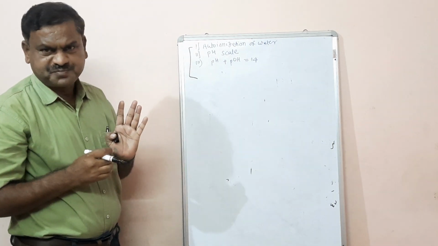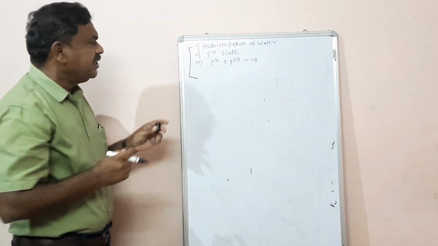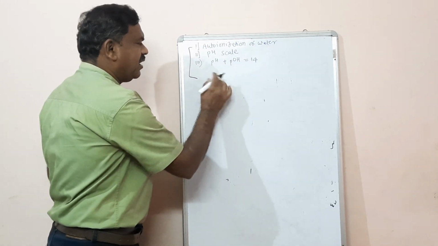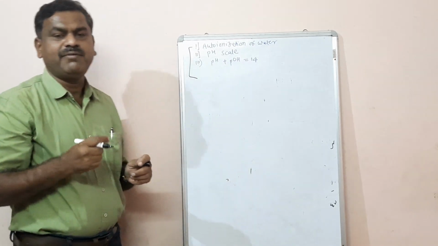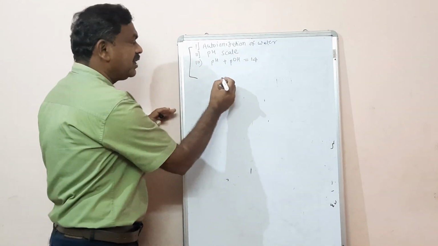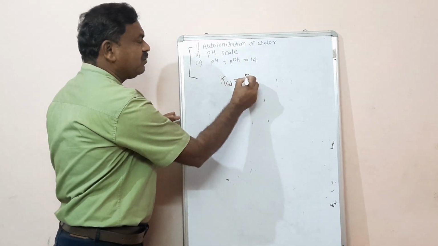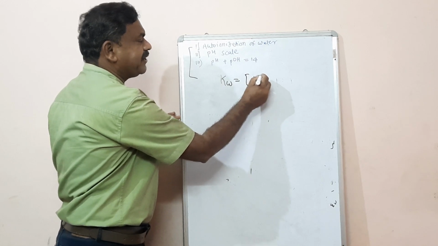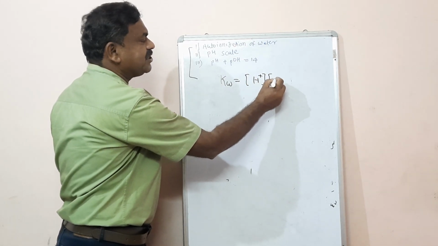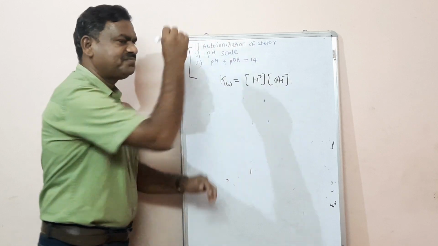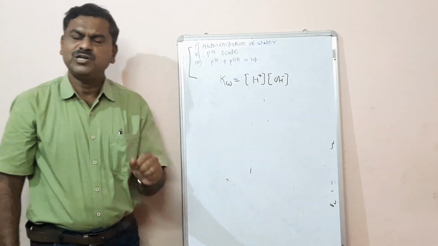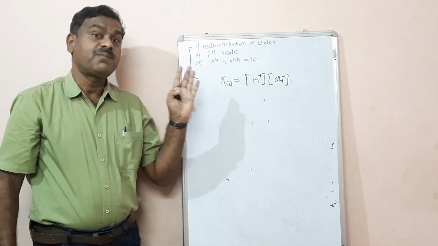First, we know according to the definition of the ionic product of water, Kw is equal to the molar concentration of H plus and the molar concentration of OH minus ions. This is the definition of the ionic product of water.